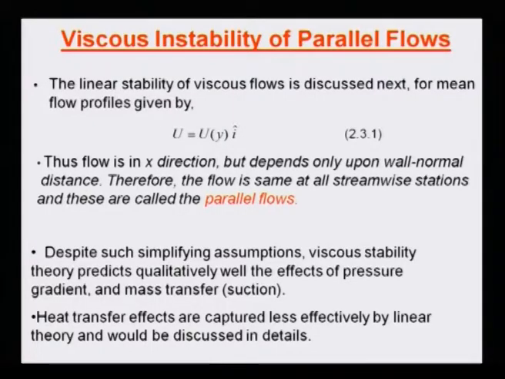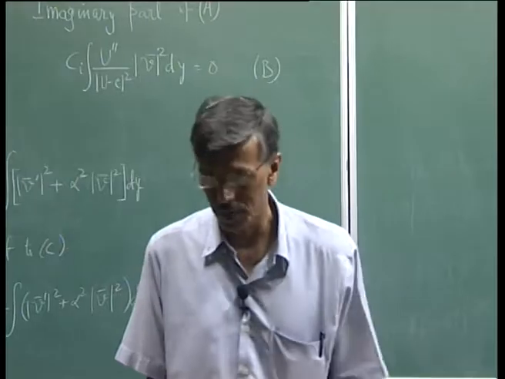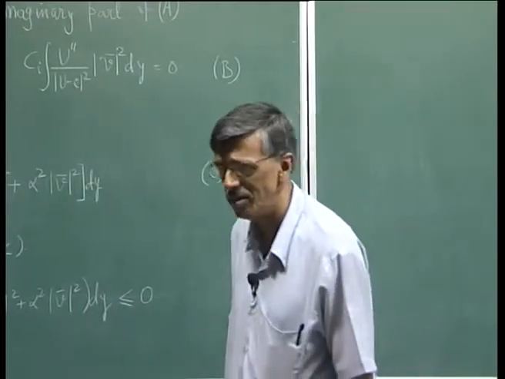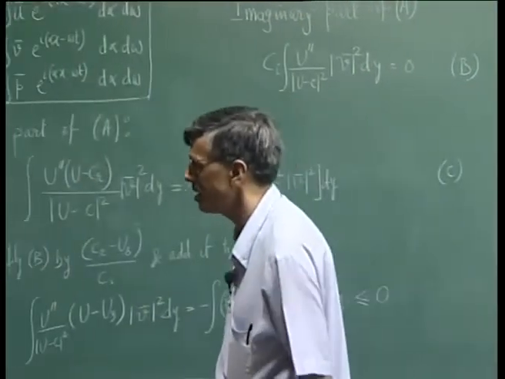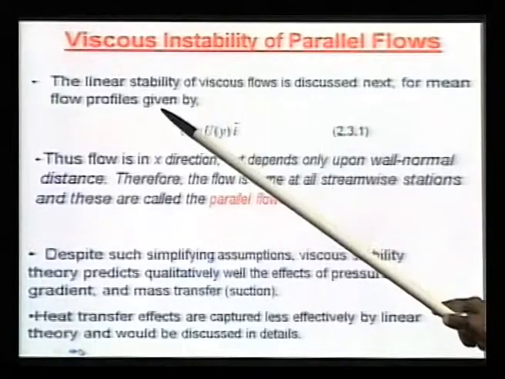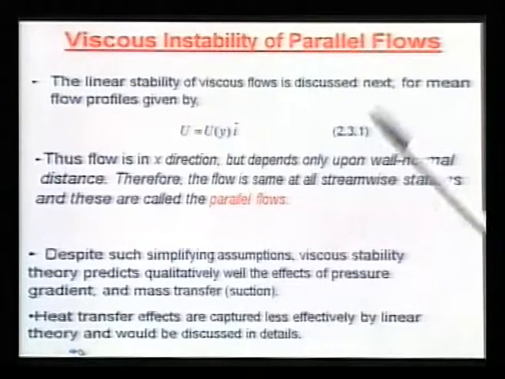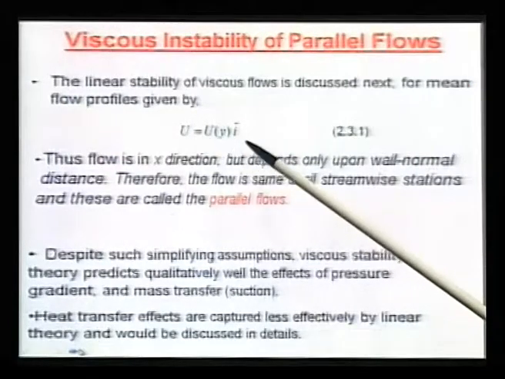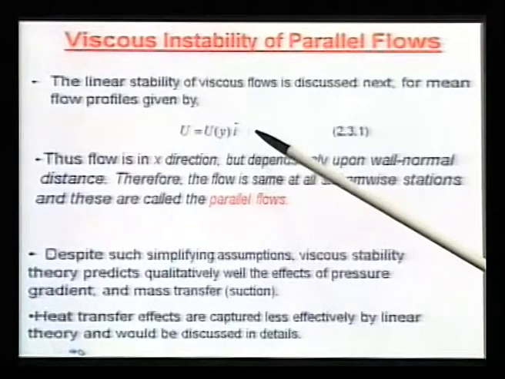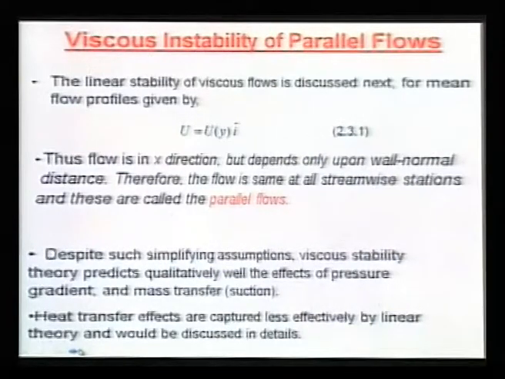What we are doing once again is looking at linear stability, that means the perturbation fields are small. So, in deriving the disturbance equation, we would make a small perturbation assumption and omit the nonlinear terms. However, we retain the same equilibrium flow description.